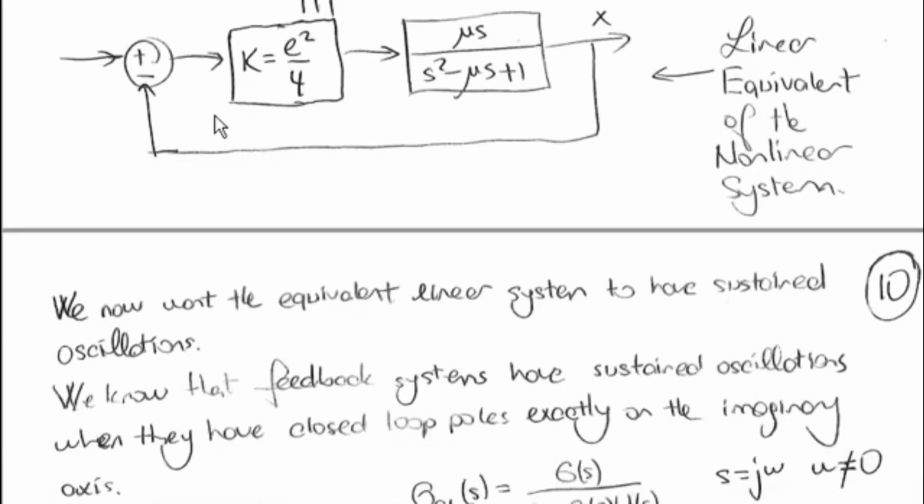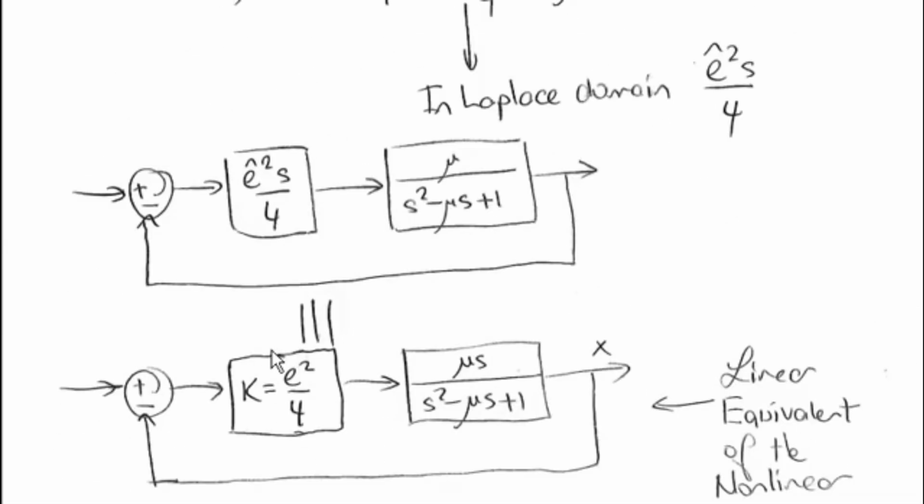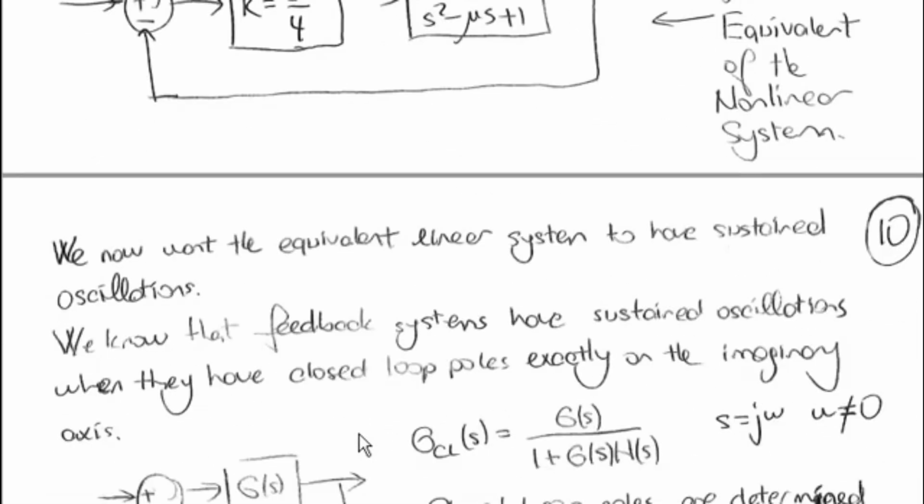That is what we are going to try to obtain here. I will try to find the E hat value, which makes this closed loop system have poles exactly on the imaginary axis.